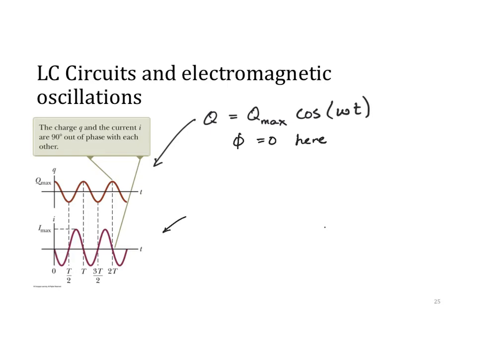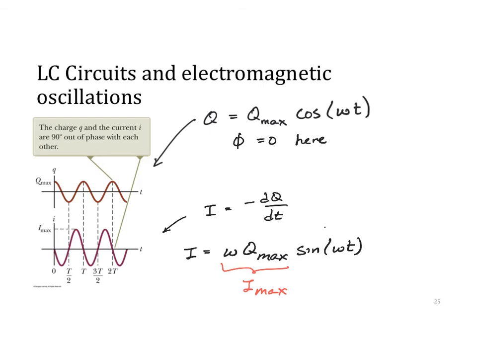And since we know a relationship between Q and I already, I is negative dq dt, right? Because we define current as how our charge leaves that positive capacitor plate. So I equals, we just need to take a derivative of that equation above. And again, our phi here is 0, so I'm just going to drop it from our equation. Now, this stuff in front, let's just call that our Imax.